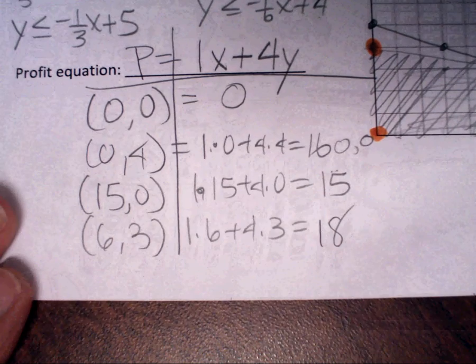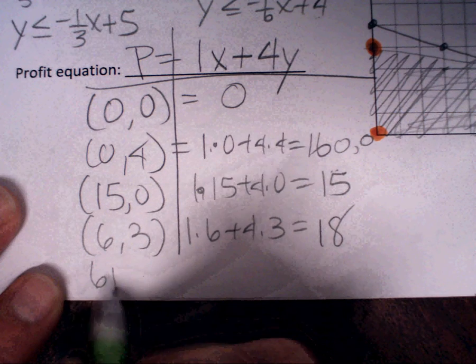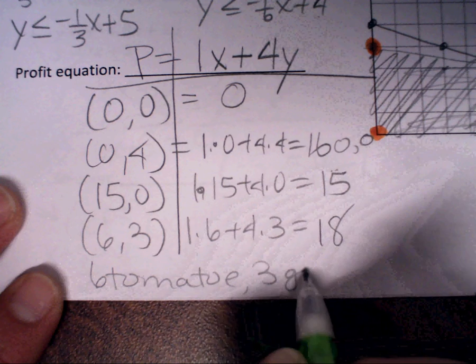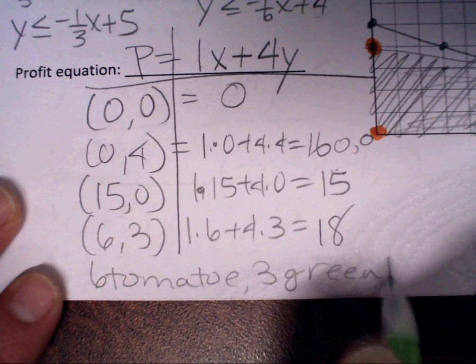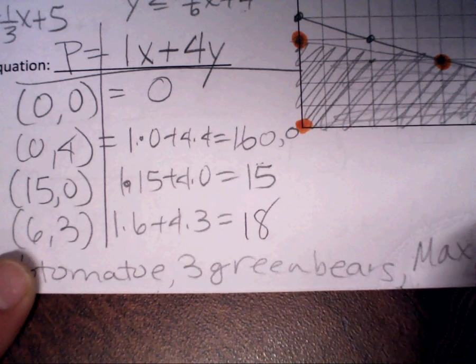So we didn't actually answer it yet, since I wanted to know how many bushels of each she needs to grow. So that's 6 tomato and 3 green beans to max at $18.